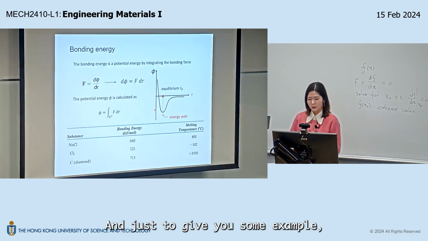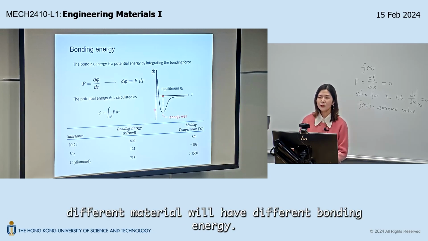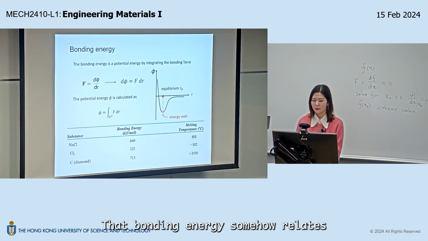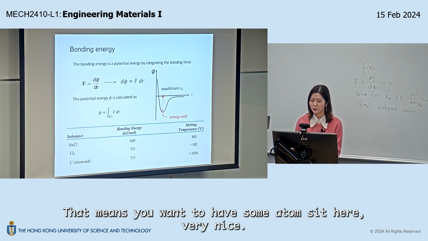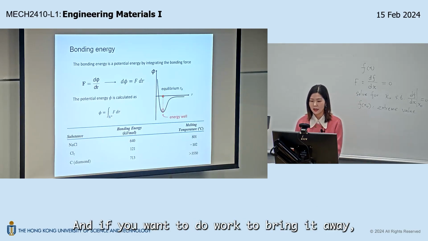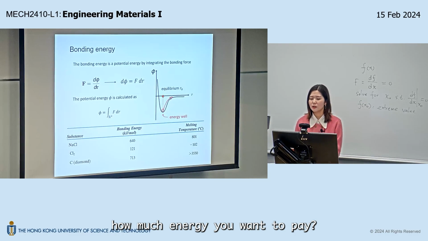And just to give you some examples, different materials will have different bonding energy. That bonding energy relates to how much work you need to do to break this bond. That means you have some atom sitting here, very nice. And if you want to do work to bring it away, how much energy do you have to pay?